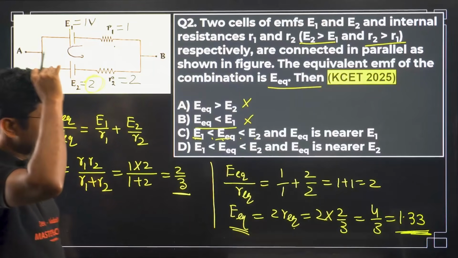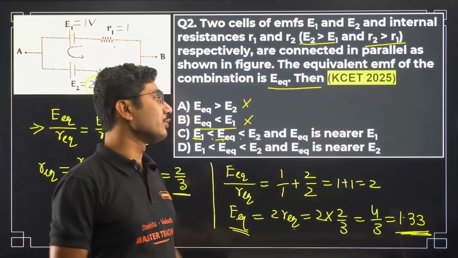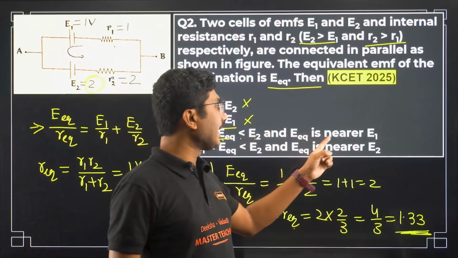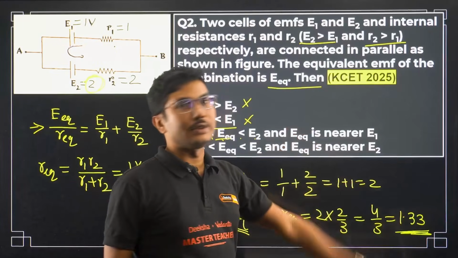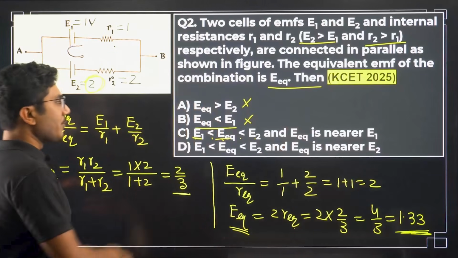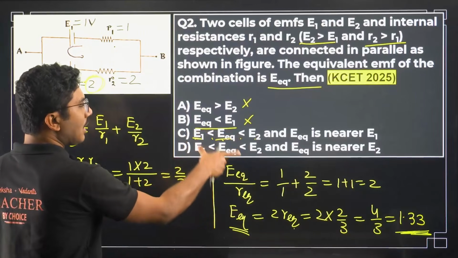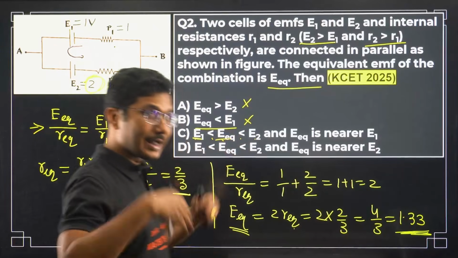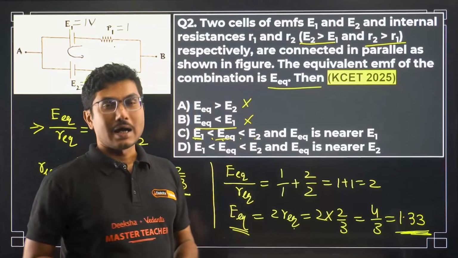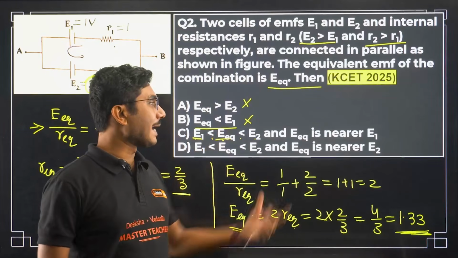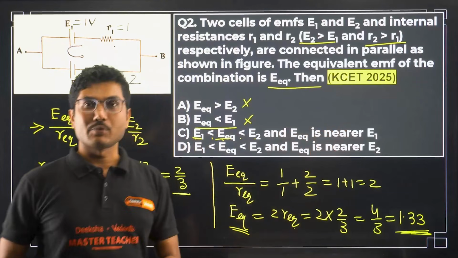Now there is another option added to this, E equivalent is nearer to E1, and E equivalent is nearer to E2. Now that is the condition. So obviously one of them will be correct, both of the options are also correct, and if you want to guess the option, you have to always check that these two options are matching, that means one of them will be correct. Only this condition I have to verify.